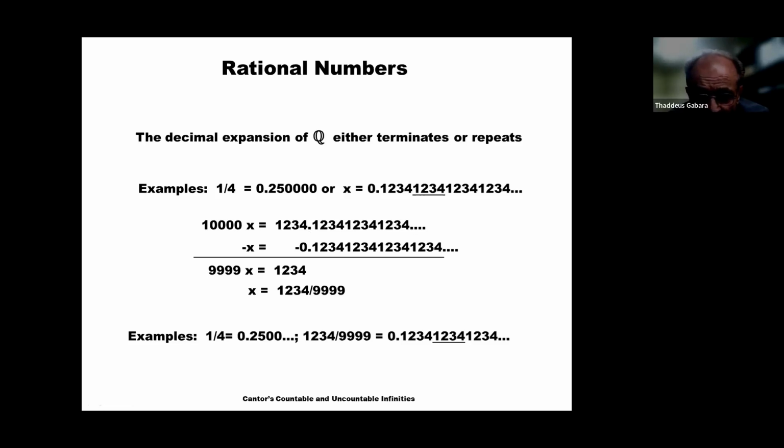And then from this, I subtract x, whose fractional component is the same. I'm left with 9,999x equals 1234. And here's the fraction. So repeating decimals and decimals that terminate are characteristics of rational numbers.